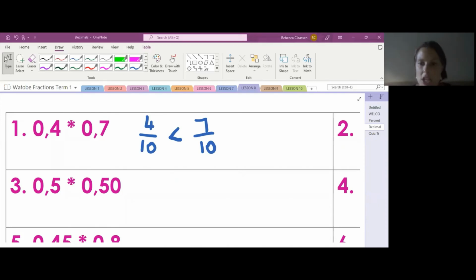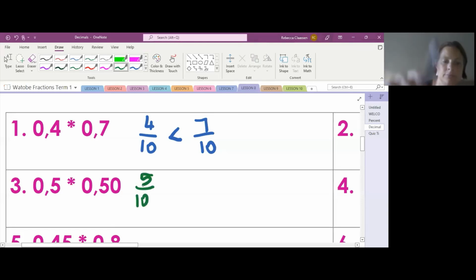Okay, you want to give it a shot? Yes, ma'am. Okay, let's see what we must do. So 0.5 would be 5 over 10, and then 0.50 would be 50 over 100, and then the 50 over 100 is bigger. Are you sure? 5 over 10, ma'am.